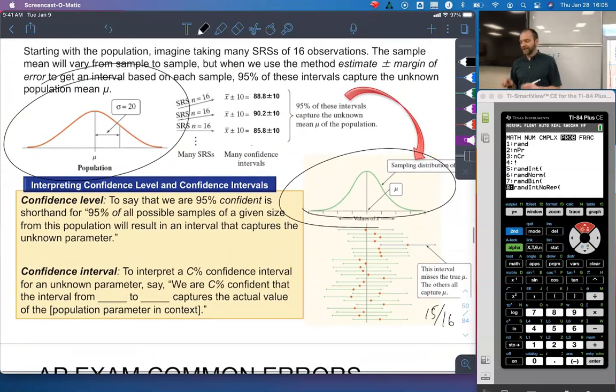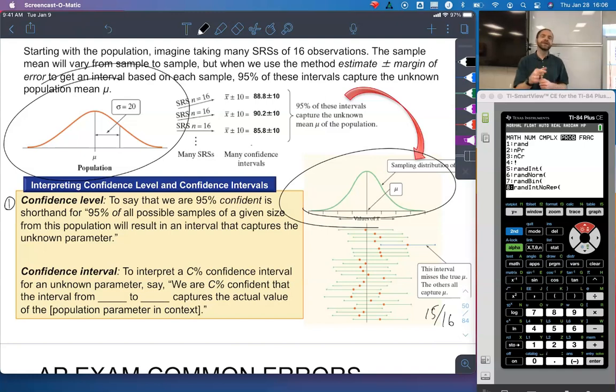What a confidence level is, and like I said, this is what you need to realize first. That can be done at the beginning of this. So a confidence level says that we are 95%, because that's the confidence level that's stated in the problem. We are 95% confident. All possible samples of that given size from the population will result in an interval that captures the unknown parameter.